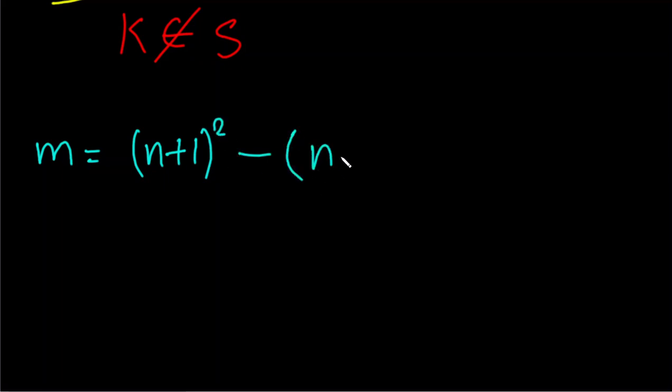So following from that, there's another possibility here. Let me call this m, and define it as (n plus 1) squared, which is an integer squared, minus (n minus 1) squared.